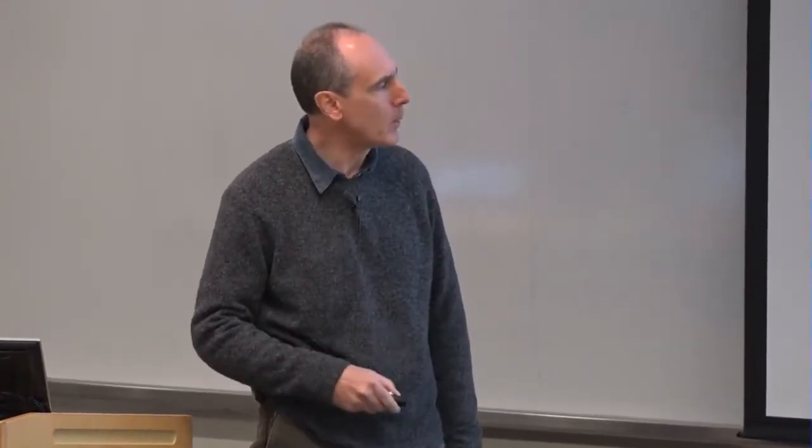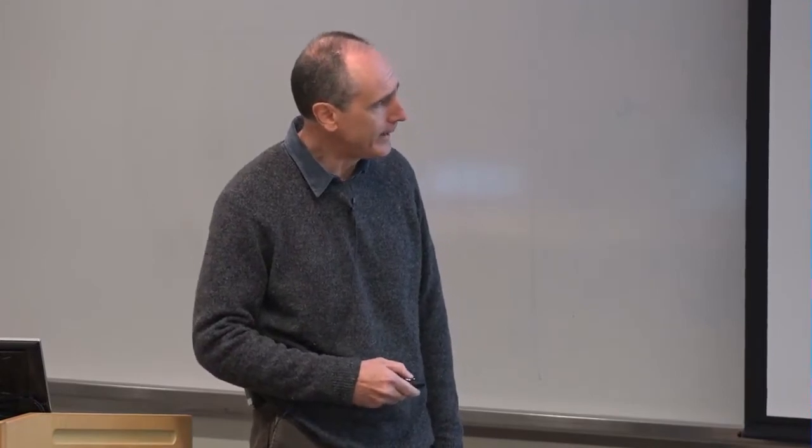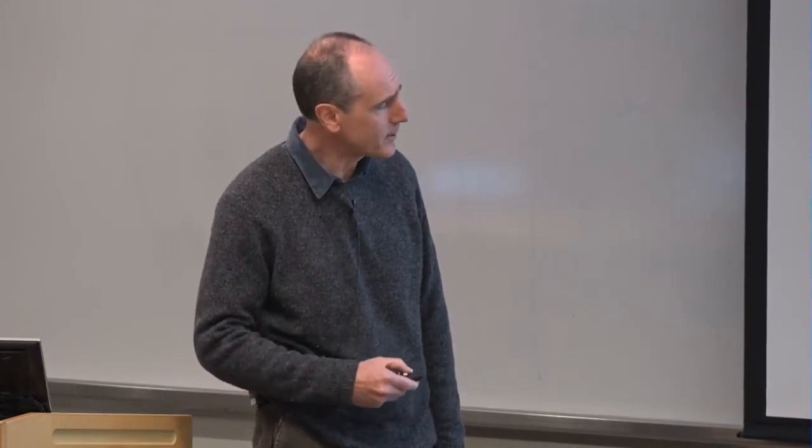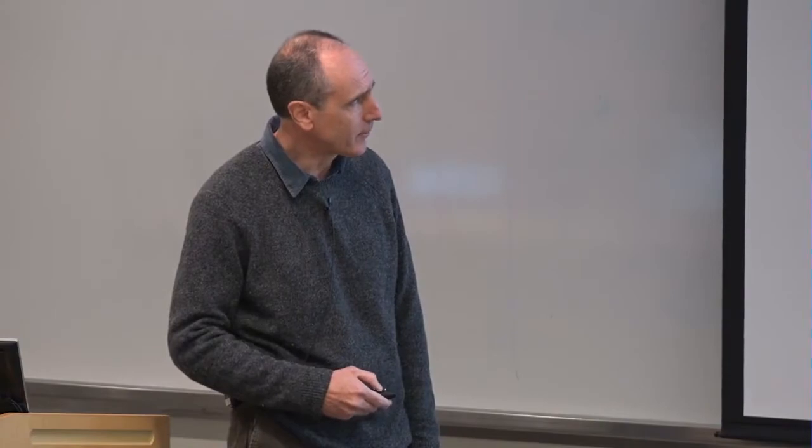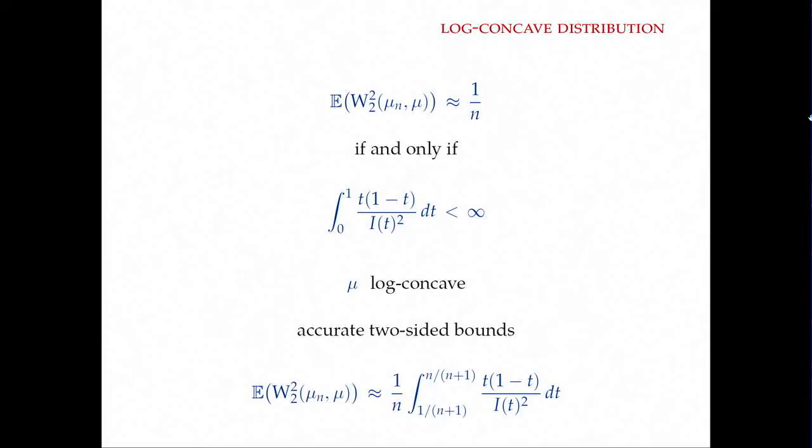So you see that the picture is a bit different than for W1. And this result is of particular interest for a specific class of distributions on the real line, namely log-concave distributions. These are distributions on the real line with density, say, exponential of minus V, where V is convex.